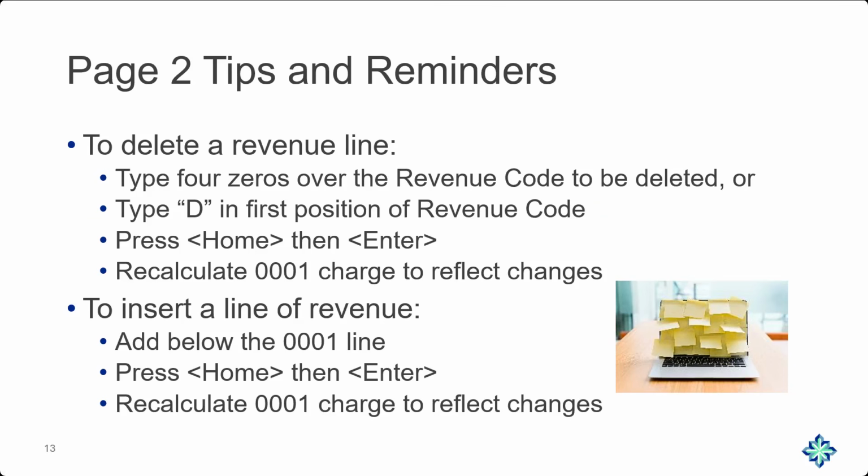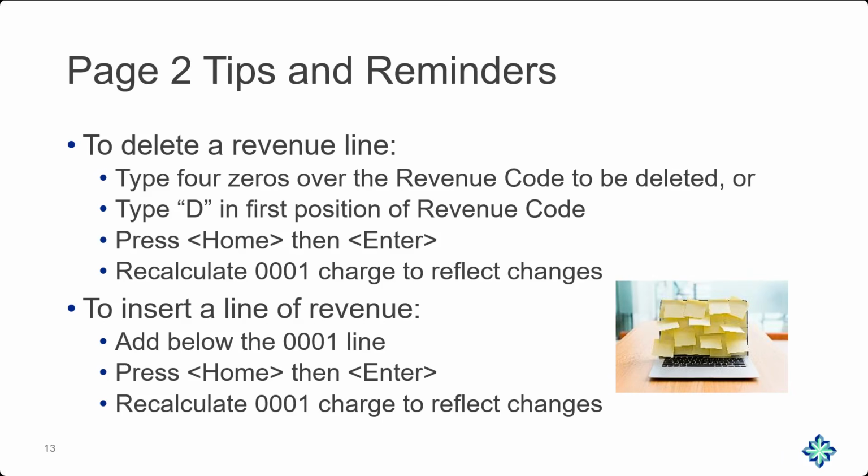If you want to or need to delete a revenue code line, type 4 zeros over the revenue code to be deleted, or type D as in dog in the first position of the revenue code, press your home key and then enter. The home key is going to position the cursor in the page number field. Then you're going to make sure that you adjust your total charges to reflect any deletions. The system isn't automatically going to recalculate it for you. You have to do that.